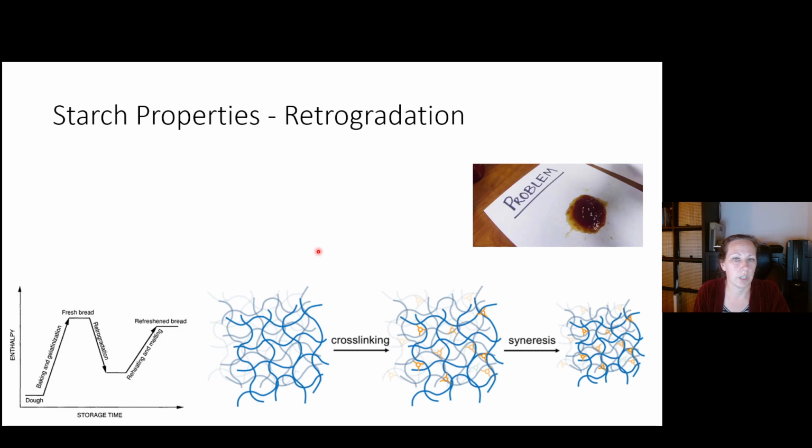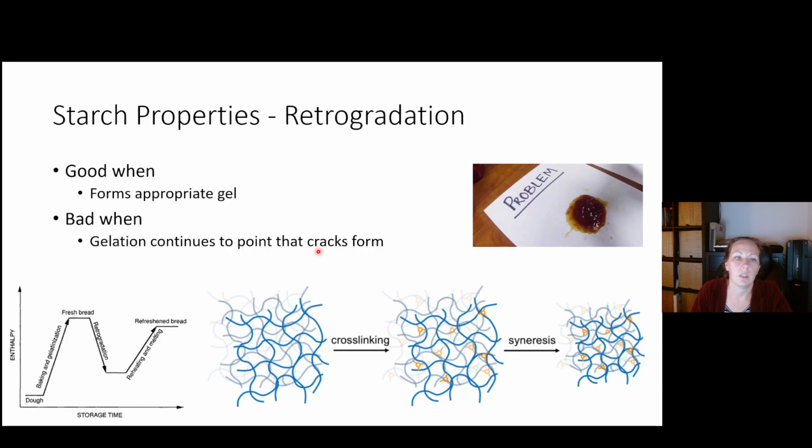So retrogradation is good when it forms the appropriate gel, because that's the goal a lot of times when we're using starches, is to form that gel. It is bad when the gelation continues to the point that cracks form, so your gel is too rigid, and when syneresis occurs, which is when water is squeezed out from between two substances.